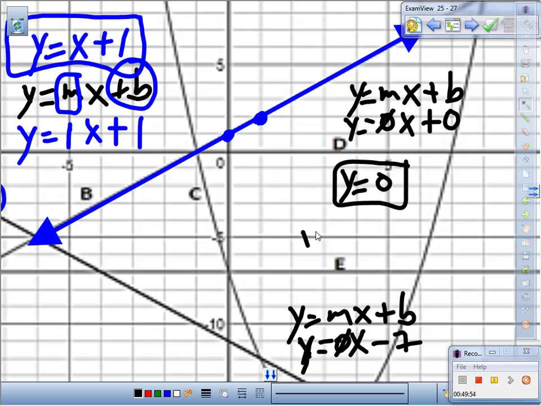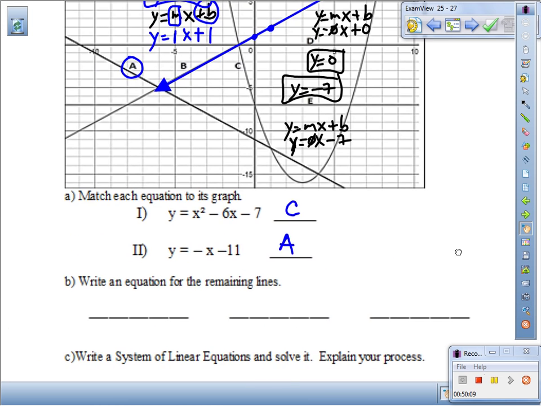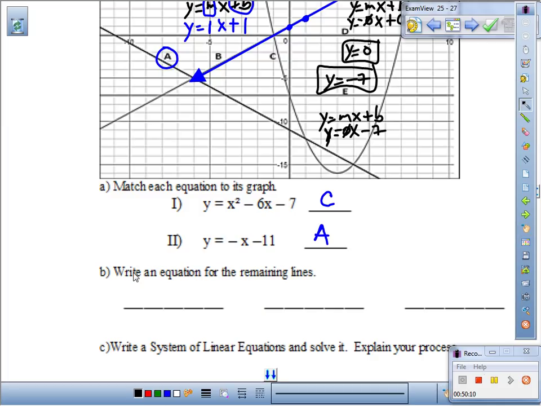So my equation is y equals negative 7. We good? Okay, let me zoom out. So the equations that we got were y equals x plus 1, y equals 0, and y equals negative 7.